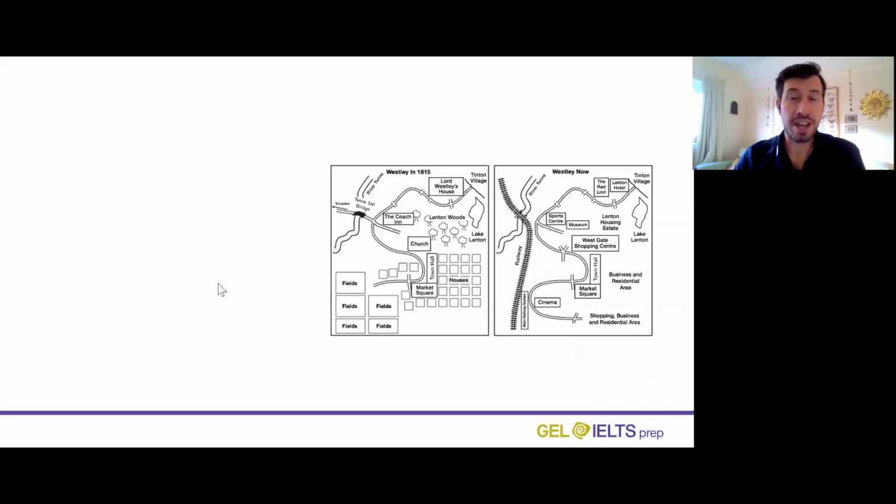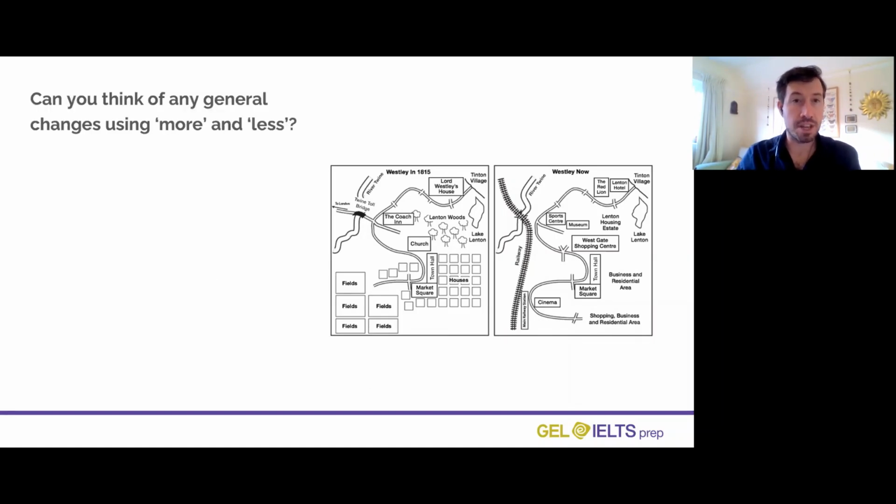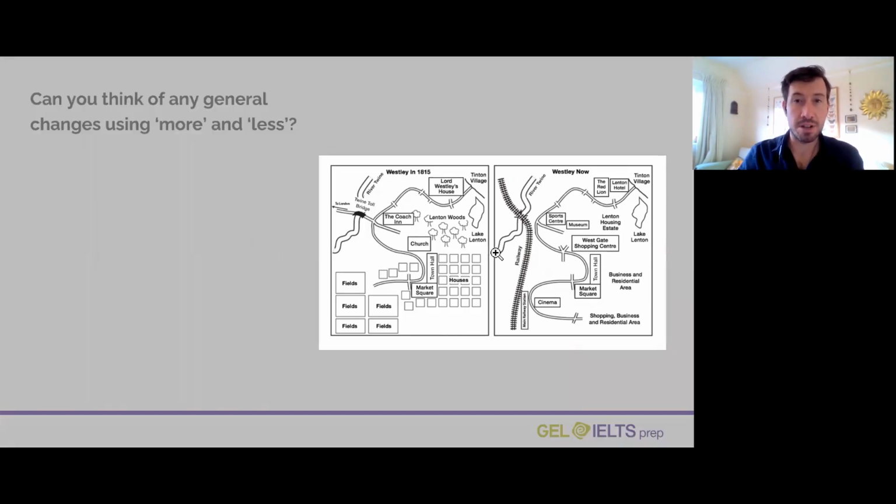So now let's look at how we can compare maps. And we're going to think of general changes that we can talk about using more or less. Well, the first thing that we need to do, like with the other things, is analyze the map.